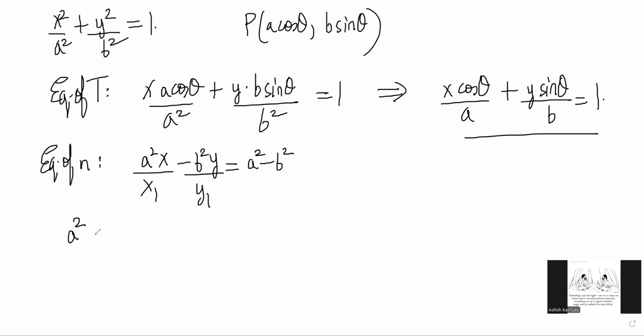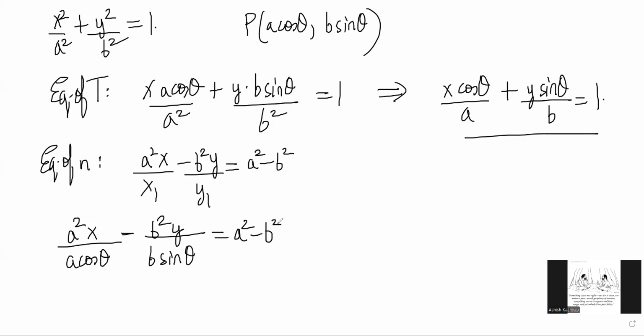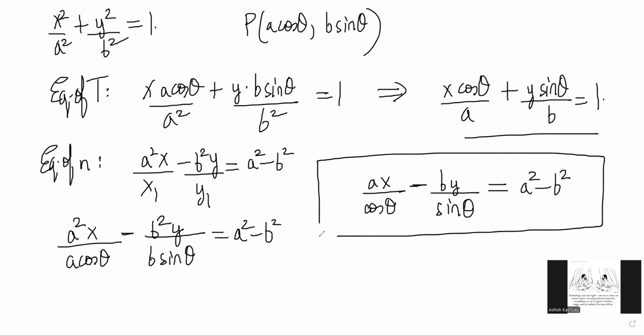So this becomes a square x by a cos theta minus b square y by b sin theta is equal to a square minus b square, right? So this equation is basically ax by cos theta minus by by sine theta is equal to a square minus b square. This is the equation of normal at a parametric point, right?